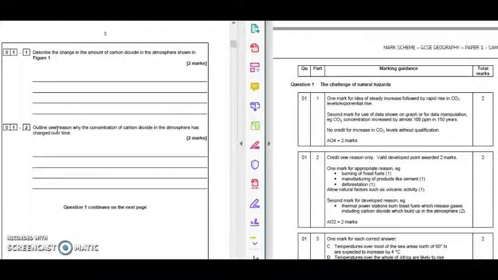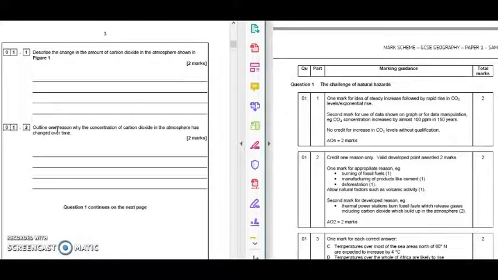So for instance, a very common answer would be there are more cars in the world. Cars burn fossil fuels, and it's these key terms that we need to include, otherwise our answers are going to sound too vague and potentially not get the marks. So cars burn fossil fuels which release greenhouse gases such as carbon dioxide.